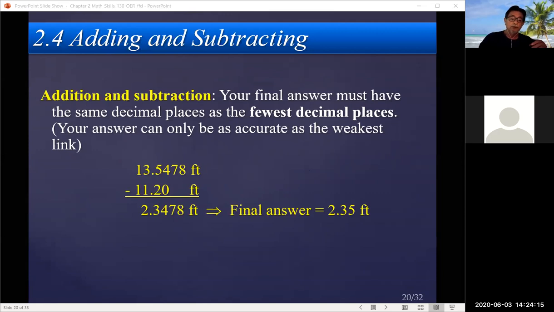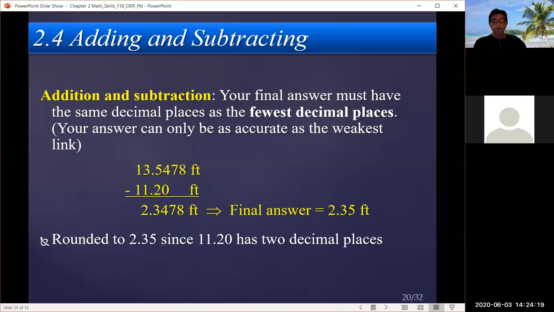Now, don't round any numbers off until you do the math. So if you're given 13.5478, keep it at that, and whatever numbers you're given, use those complete numbers, and then round it off after you do the addition or subtraction.